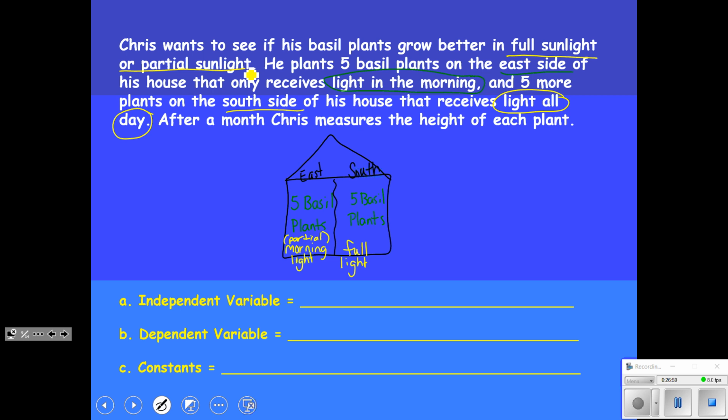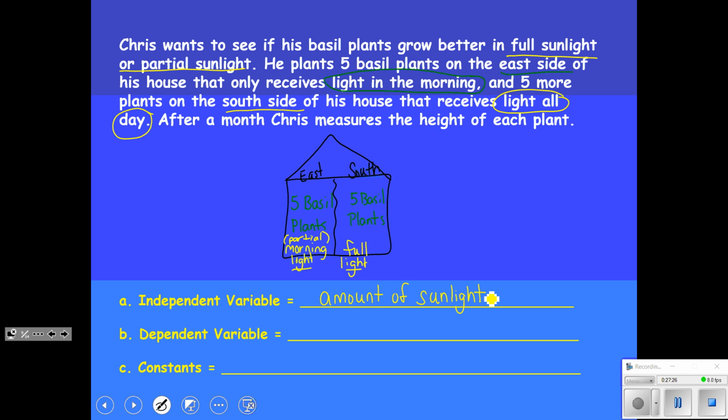So you want to say the independent variable is the amount of sunlight. You don't just say sunlight, because both of them have light. You want to say the amount, because that's truly what's different here. So amount of sunlight is going to be your independent variable.